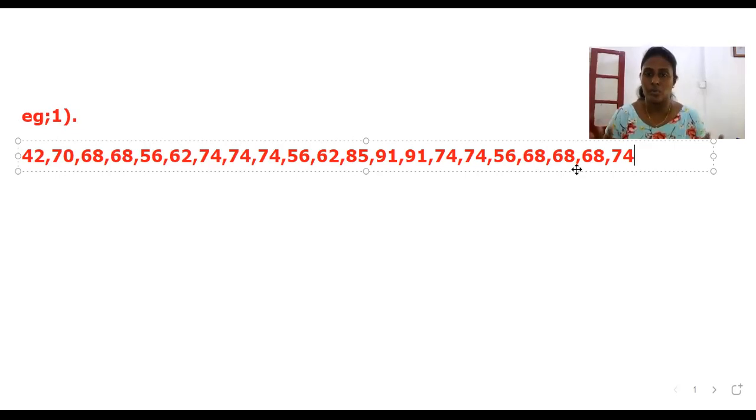Now, these are not grouped. You can see the marks are written just in a line. That is not grouped. Now we are going to group it, but this grouping is also not a proper one. So once we group this in a table, for that table we say ungrouped frequency distribution.